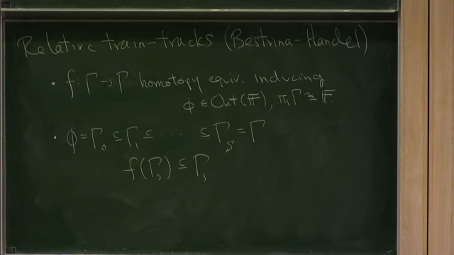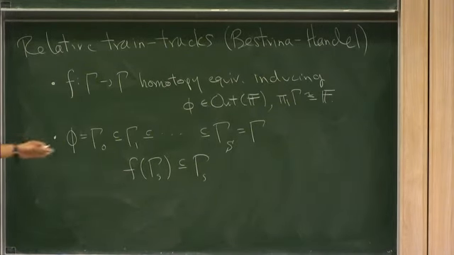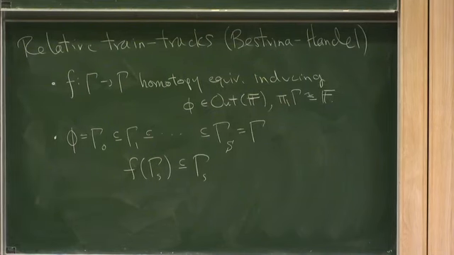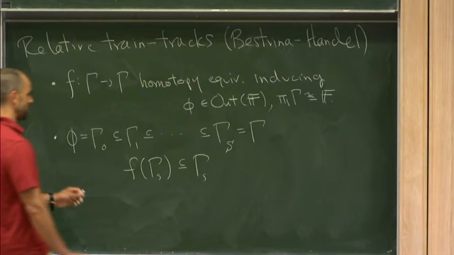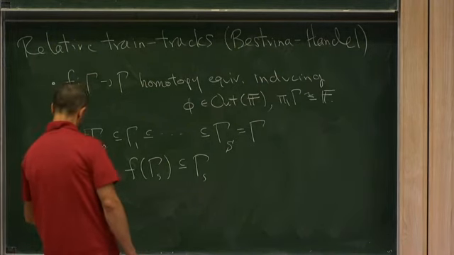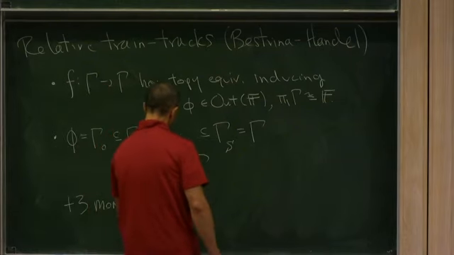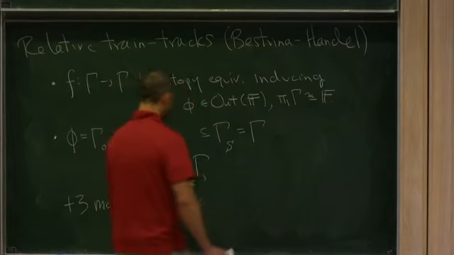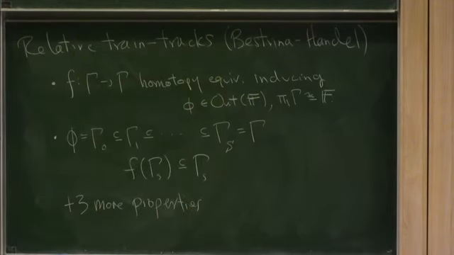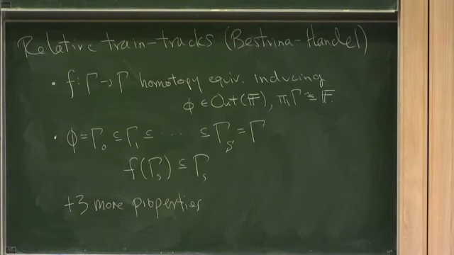Okay? So for each one of these pieces of the filtration, it's invariant under F. Plus 3 more properties that I'm not going to tell you about. But these properties do have a key dynamical implication, and I will tell you what that is. Okay? So there's 3 more properties here that I'm going to hide right now.